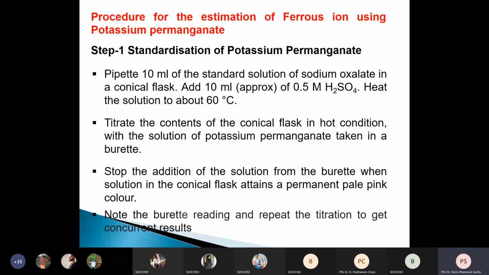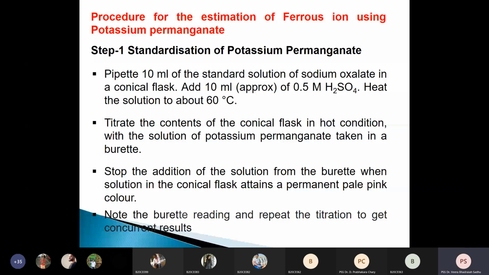Yes, what is the indicator we have to use? Anybody? Anybody respond? Methyl orange. Methyl orange. Why? Is there a reason to use methyl orange?